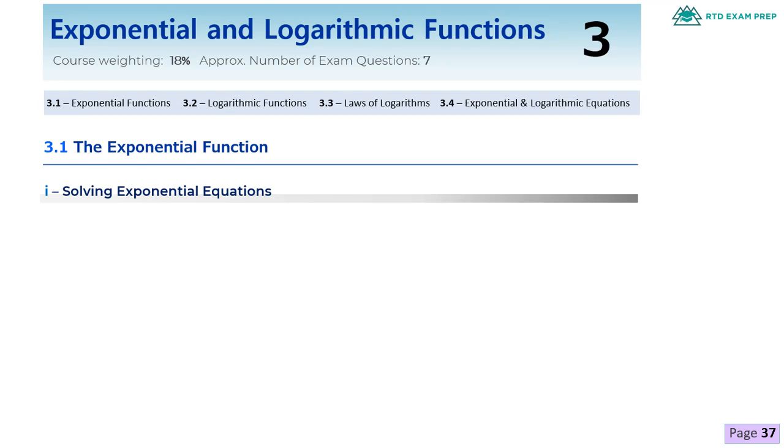We'll start with an exploration of some basic exponential equations.